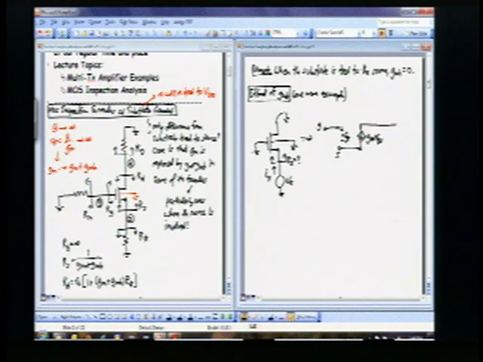But for MOS, because the body is not tied to the source, you also have another voltage-controlled current source here that has the value GMB times VBS. And then finally you have the R0 resistance, which like last time I'm just going to call by a conductance, which I'll call GDS. So GDS equals 1 over R0, where you're used to using R0, but in this case I'm just going to use the conductance there.